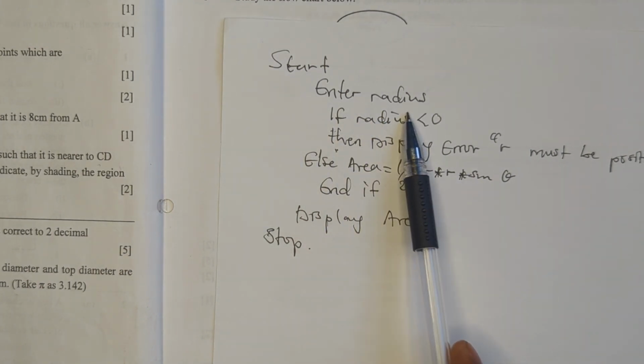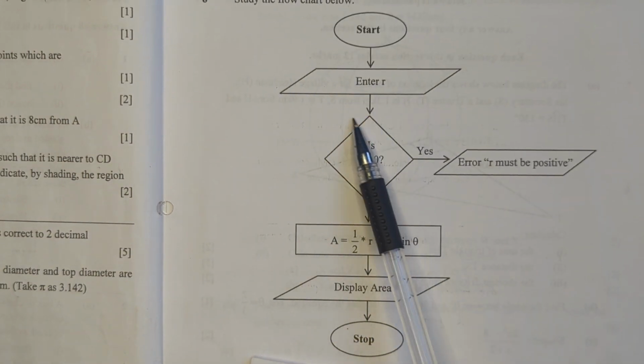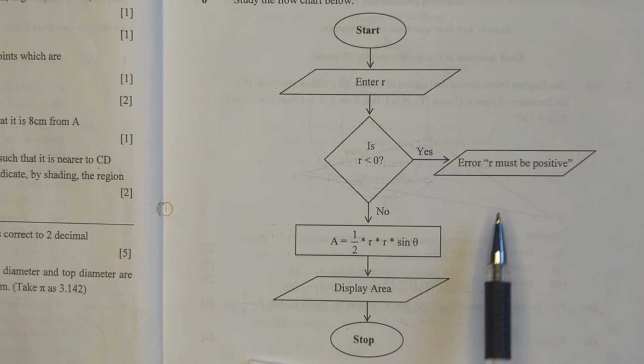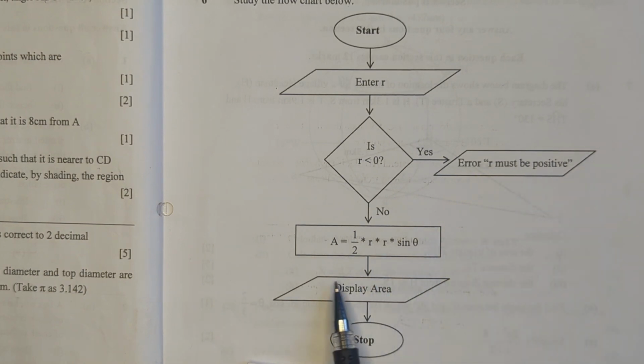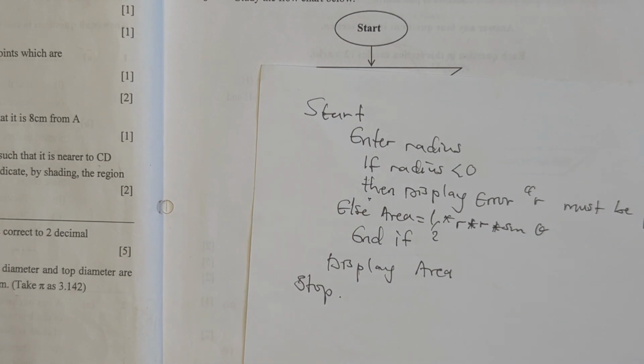Enter radius is in a parallelogram, and display area is also a parallelogram, so they have to match.